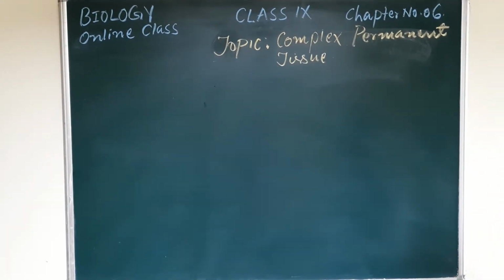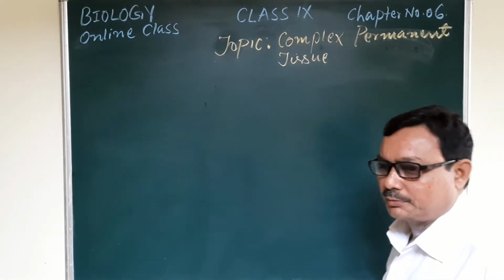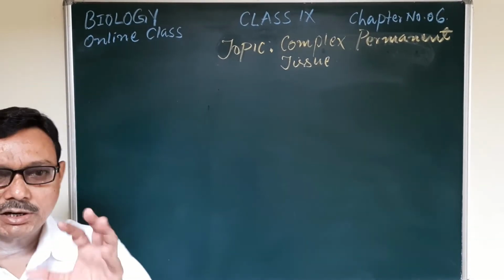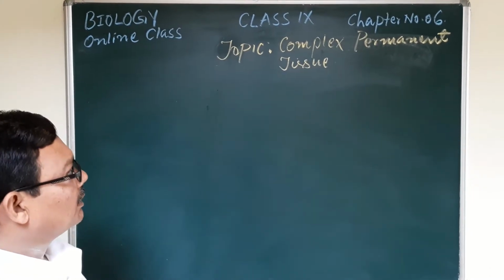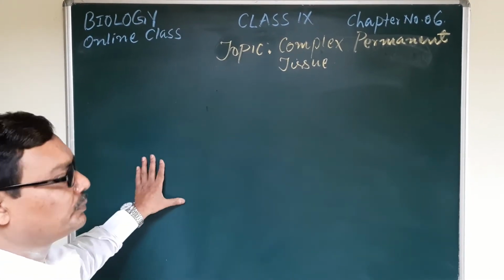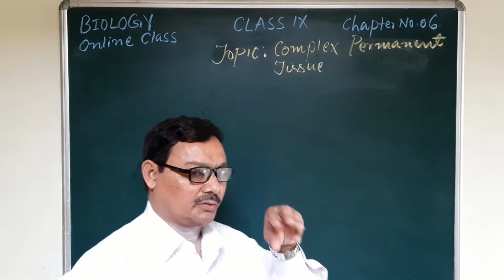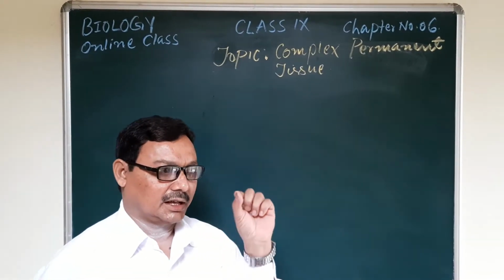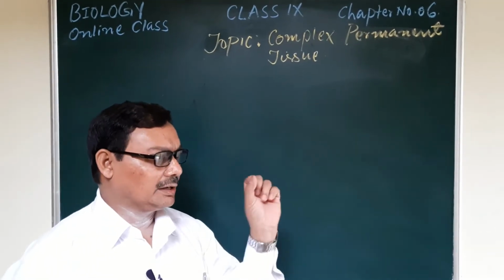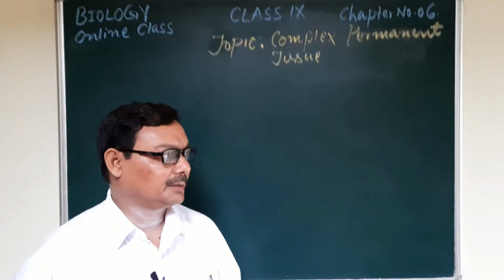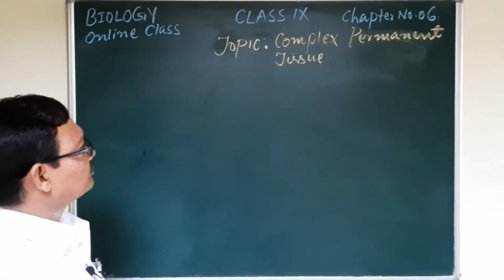Today we will study the complex permanent tissue. Till now we have seen simple permanent tissue, which is made of only a single type of cell. Here the matter is different.